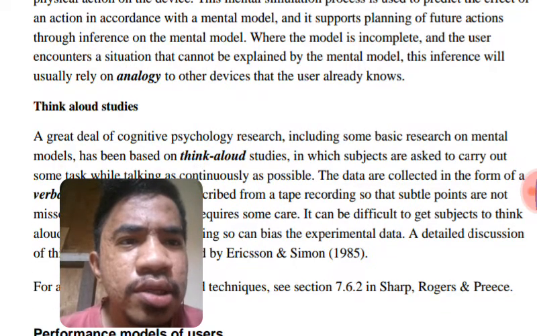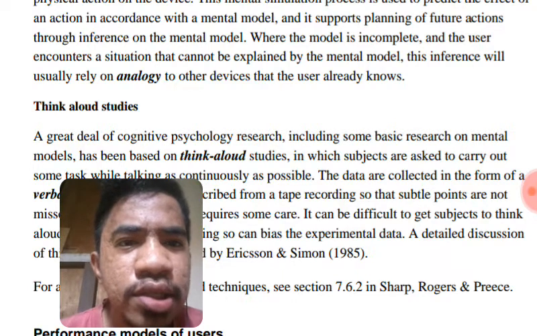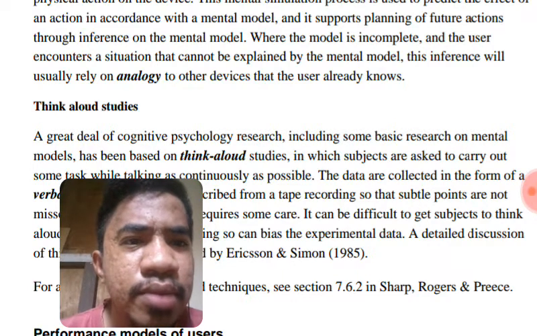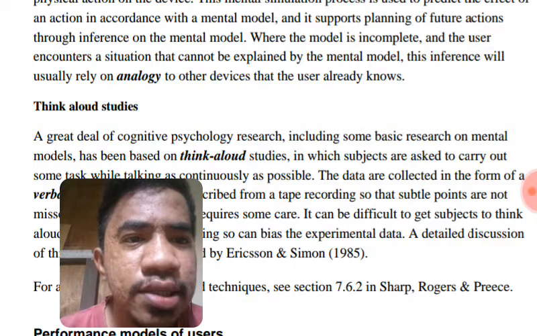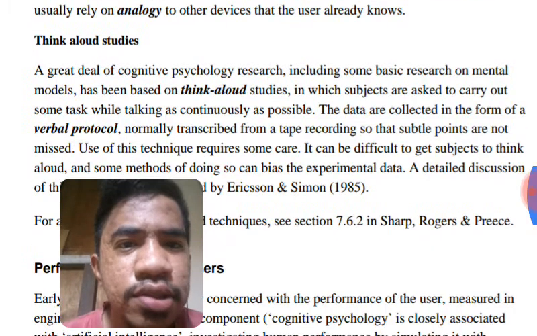Where the model is incomplete and the user encounters situations that cannot be explained by the mental model, this inference will usually rely on analogy to another device that the user already knows.